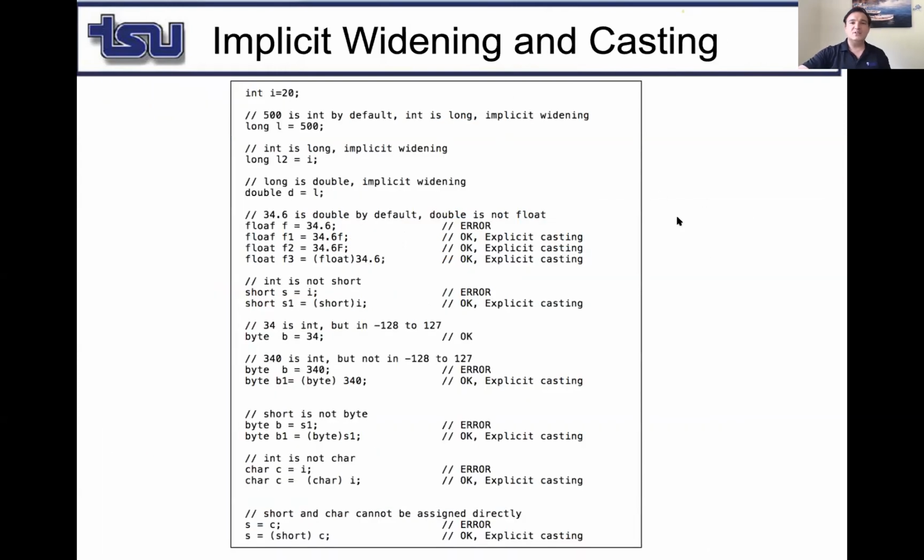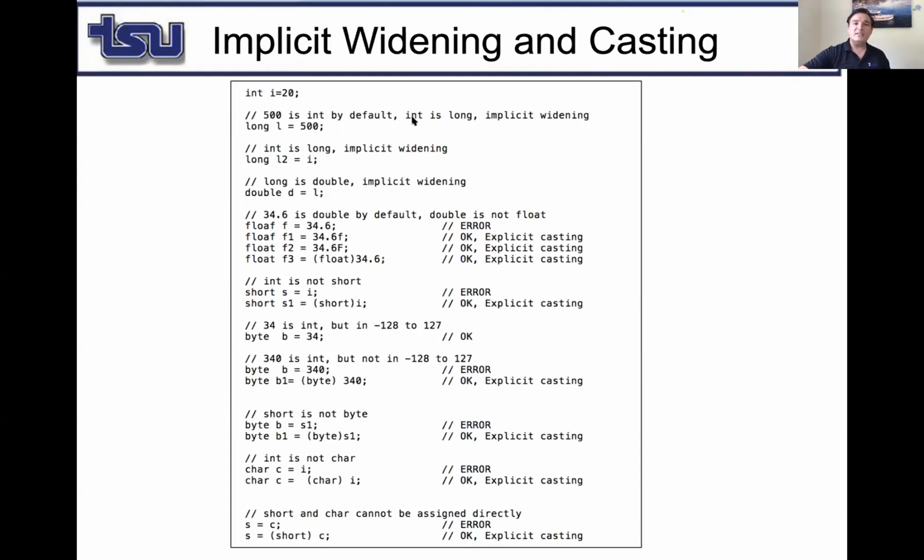Okay, now let's look at this example. Let's spend a little bit of time and see what implicit widening and casting mean. Here, int i = 20. Then I say long l = 500. 500 is an integral type, by default int.